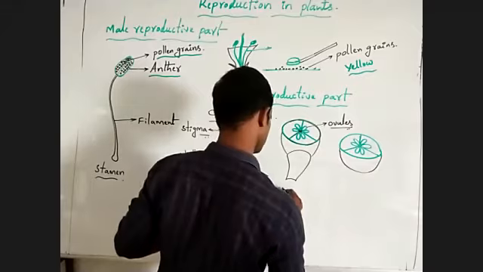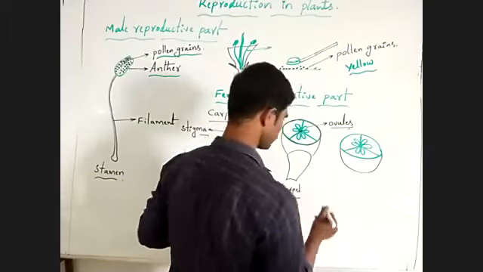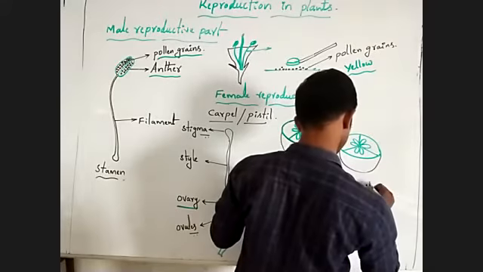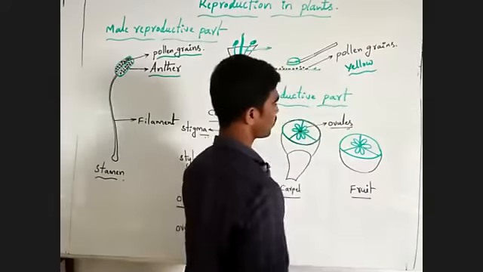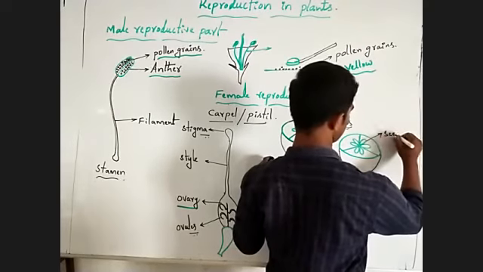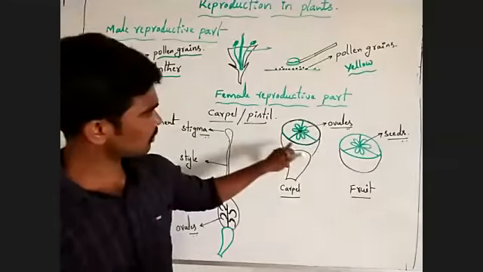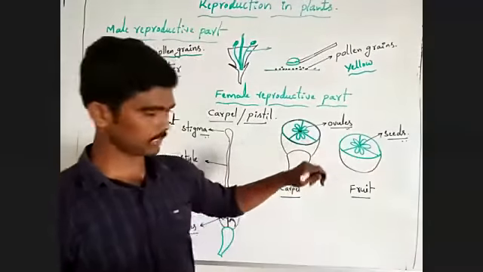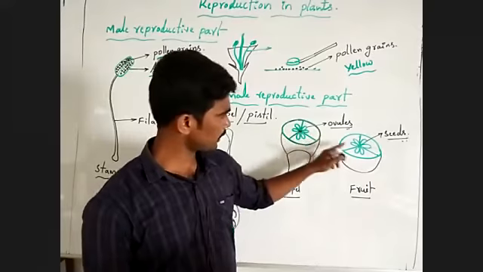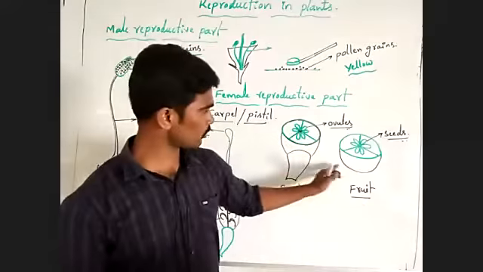This is the carpel. This is the fruit. Here these are seeds. Observe, these two are similar. The arrangement of ovules and the arrangement of seeds are similar in the fruit and carpel.